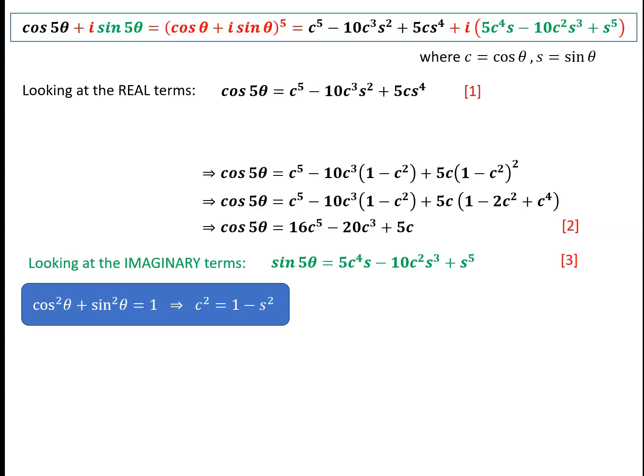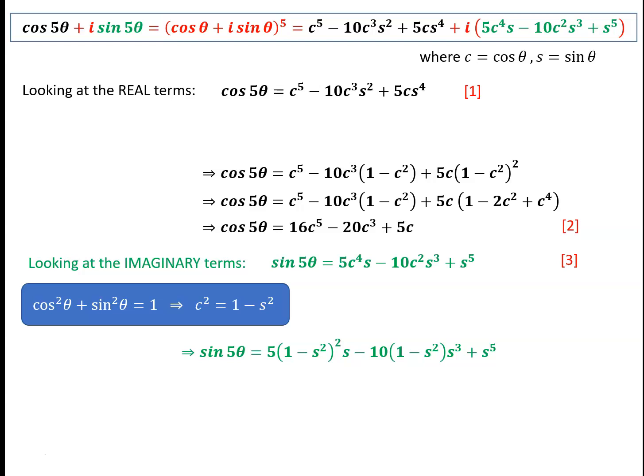This time, the fact that cos squared theta plus sine squared theta equals 1 tells me I can write cos squared theta equals 1 minus sine squared theta. So I've got 5 times cos to the 4 theta, or cos to the 4 theta is the same thing as cos squared theta squared, so that's 1 minus sine squared theta squared, times the s, minus 10 lots of 1 minus sine squared times s cubed, plus s to the 5.